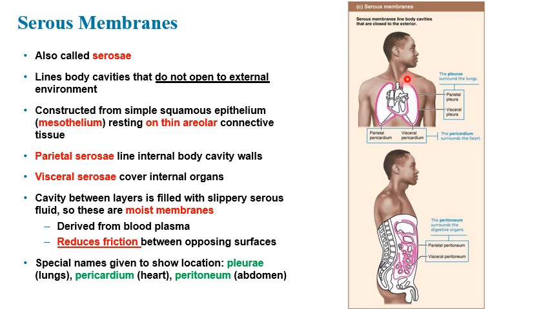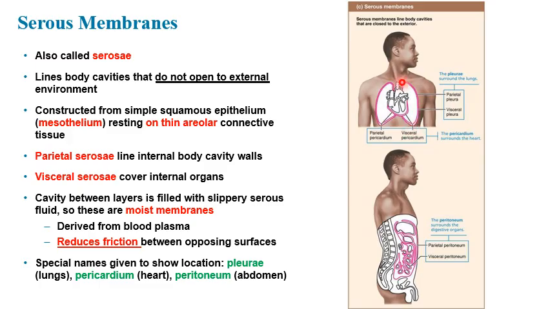And it has two parts. It has one part that is closest to the outside, not in contact with the organ, and another part that is in contact with the organ. The part that is in contact with the organ, you call that visceral serosa. So this is a double membrane.